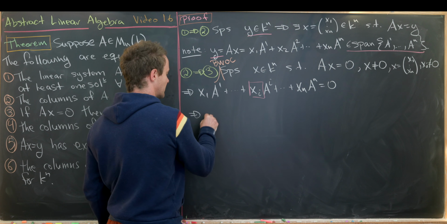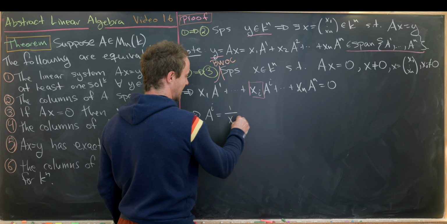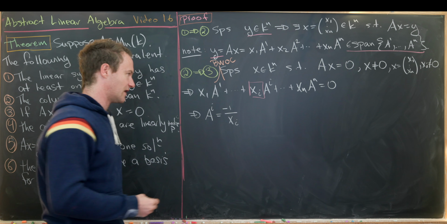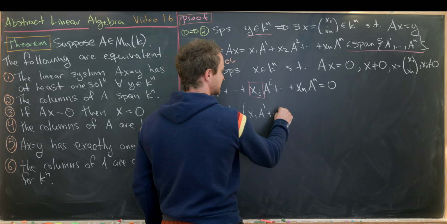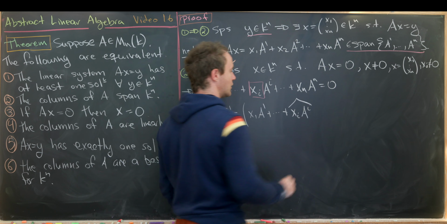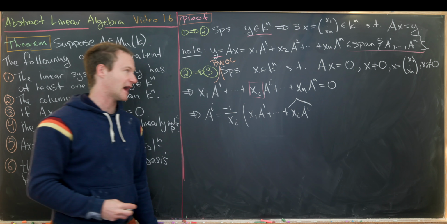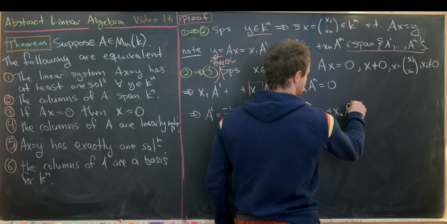And so that means we can write this A upper i as, let's see, 1 over xi, let's maybe put a minus sign out front, and then we'll have x1 A1 plus all the way up to, I'll put xi Ai here with a hat over it to say that we are removing that from the sum, and then all the way up to xn An.